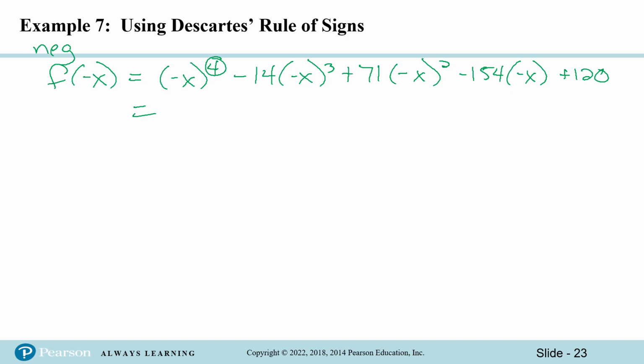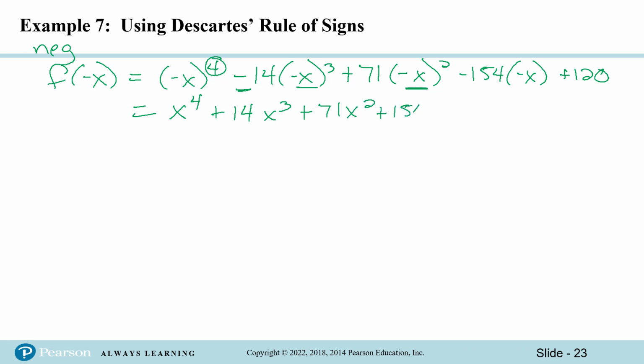Negative 1 times negative 1 times negative 1 times negative 1, long story short, that's going to be a positive 1 x to the fourth. Negative, negative, negative is negative, times this negative is going to give me positive 14x cubed. Two negatives multiplied are positive, times a positive is 71x squared.